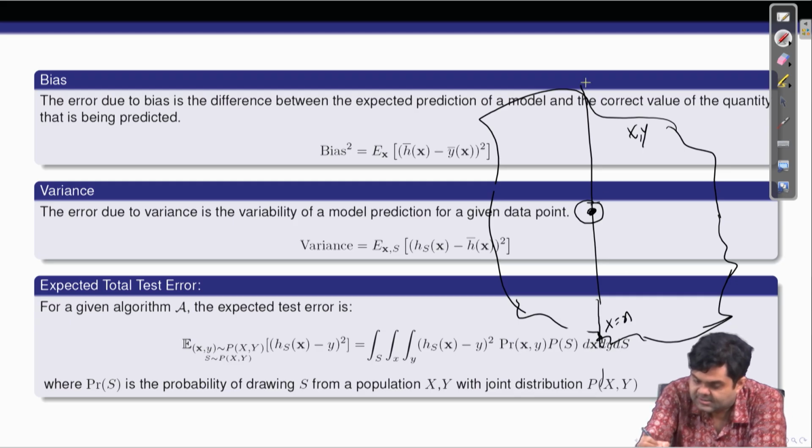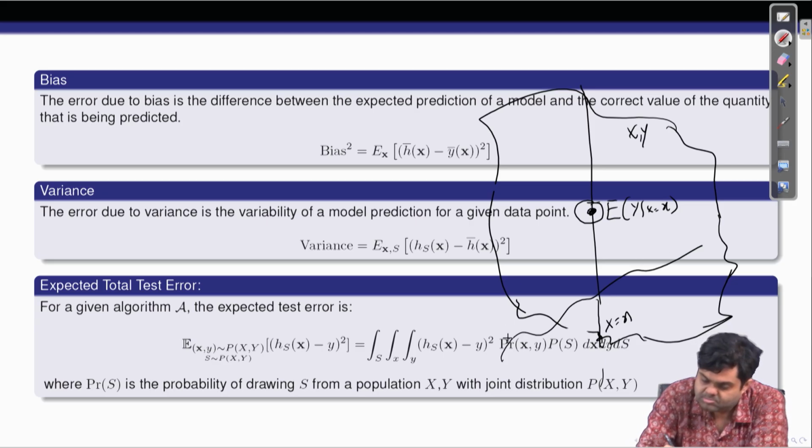Let us say these are the y values, this is your expected value of y given x equal to x, this is your population center.